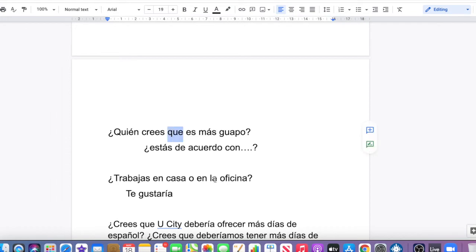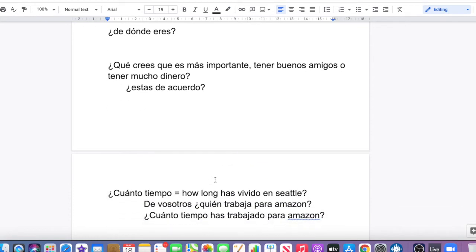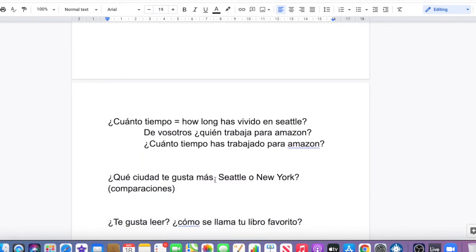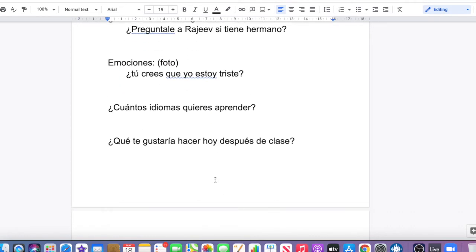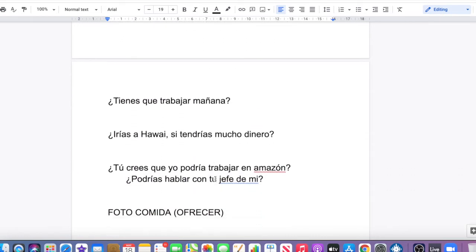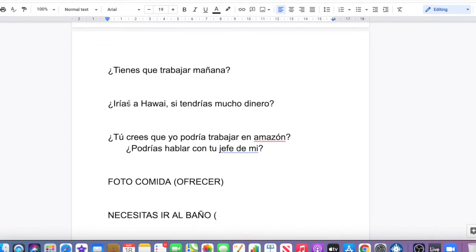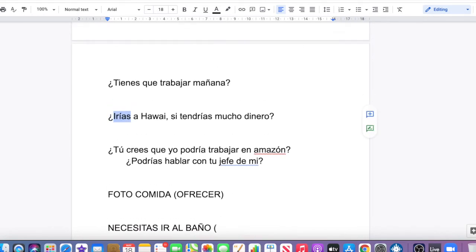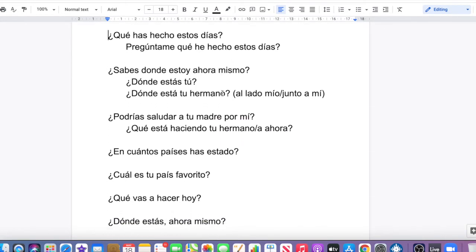The conjunction que. This is a little bit more advanced document, but this would be in the near future. Okay, as we work on the sentences, we add more items like, for example, would, the conditional. Okay, a little bit more advanced, it would be this one.